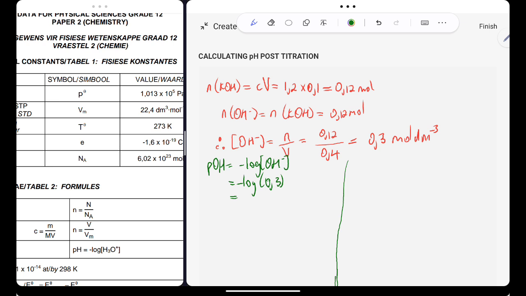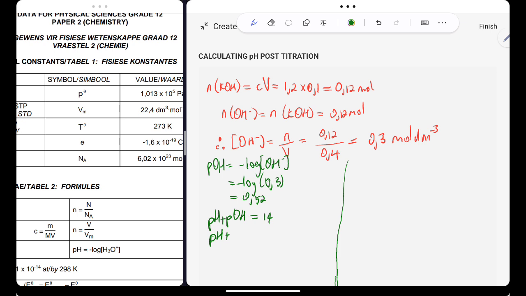So it's negative log of 0.3. I'll simply get 0.52. Therefore, I'll say pH plus the pOH will give me 14.